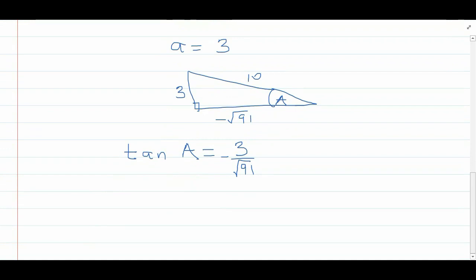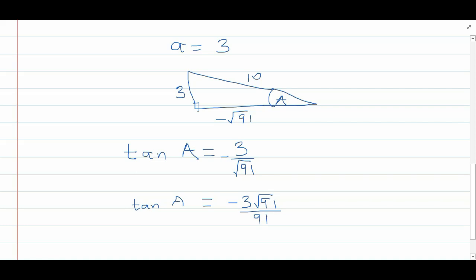You can say this is your answer, but if I'm your tutor, you will not get full marks for this. Let's go ahead and rationalize this and say that the tangent of A is equal to negative 3 root 91 divided by 91.